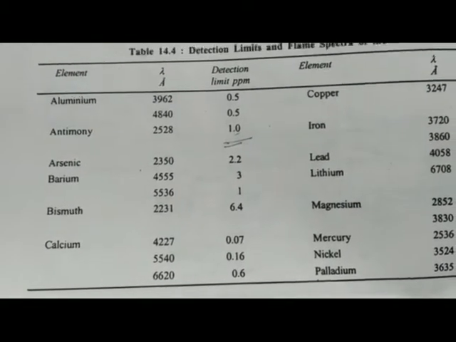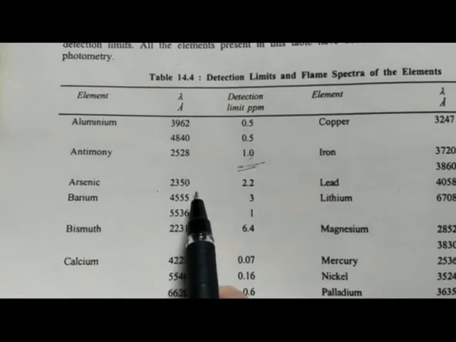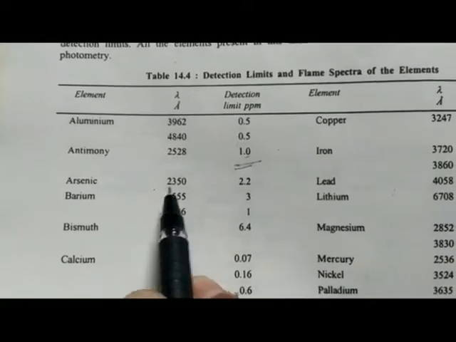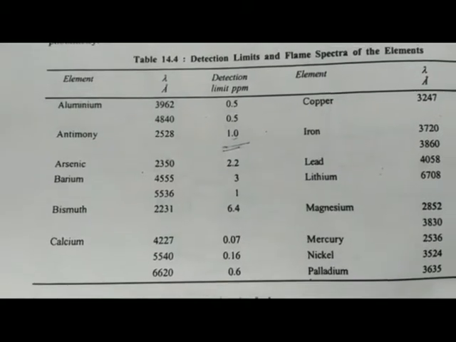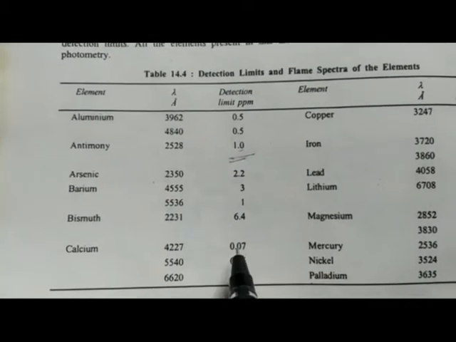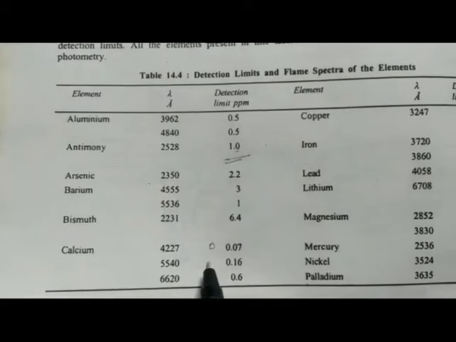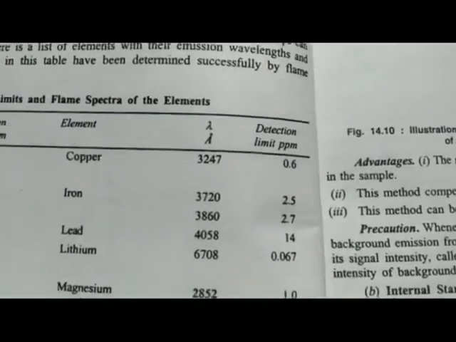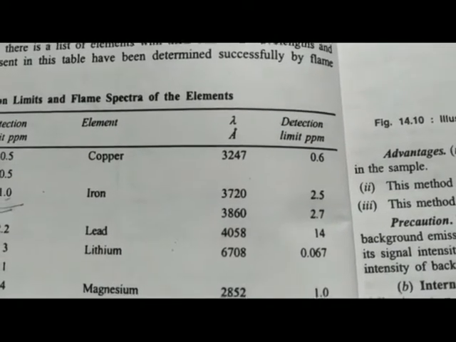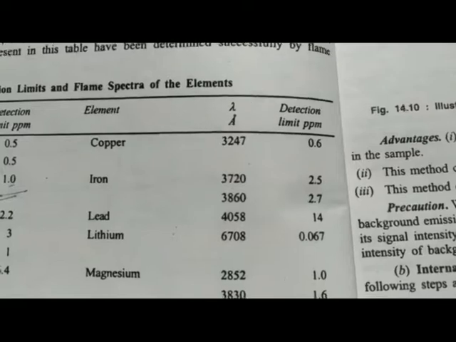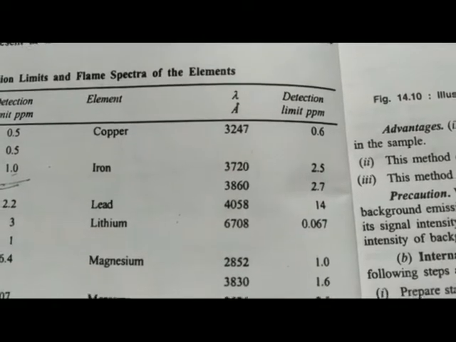Second, detection of arsenic, use lambda 2350. Barium, bismuth, calcium. Calcium is 0.07 or 0.1 level. Detection of copper, the detection limit is 0.6. Iron, the detection limit is 2.5.